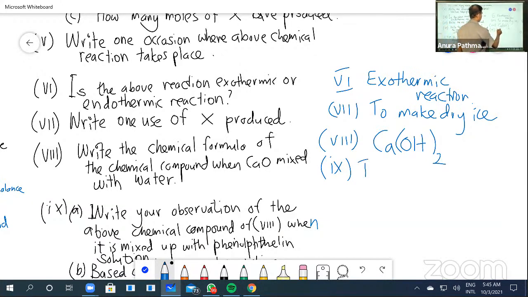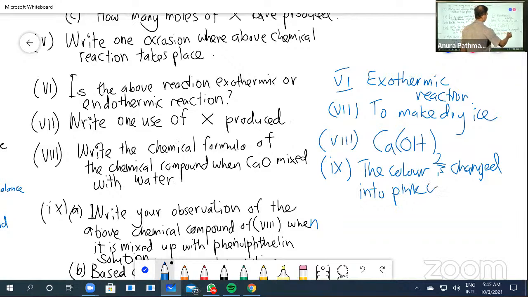The color is changed. The color is changed into pink. Pink color. That's A.